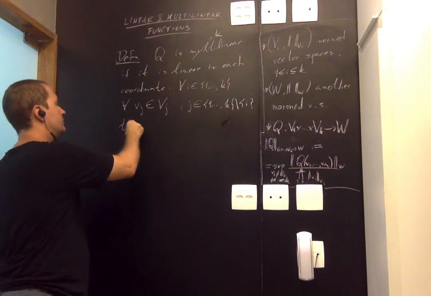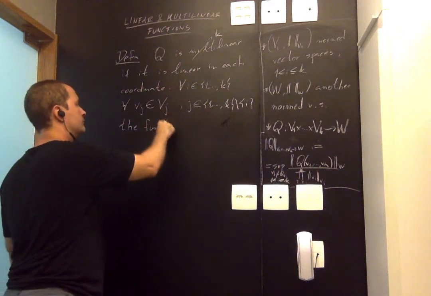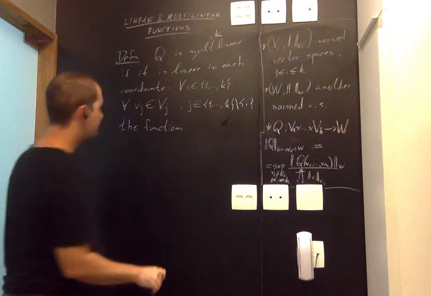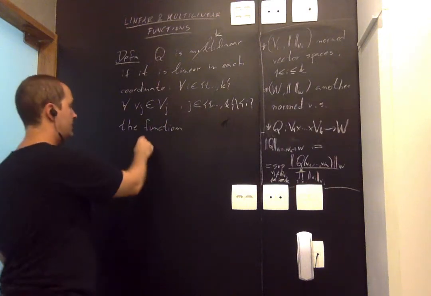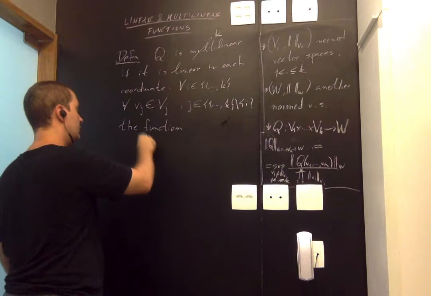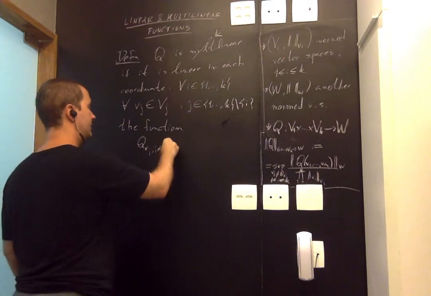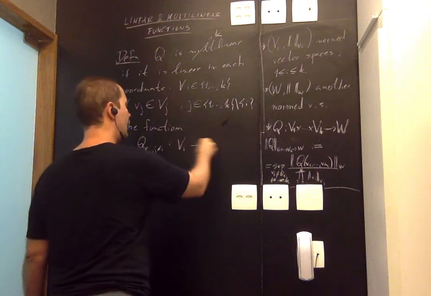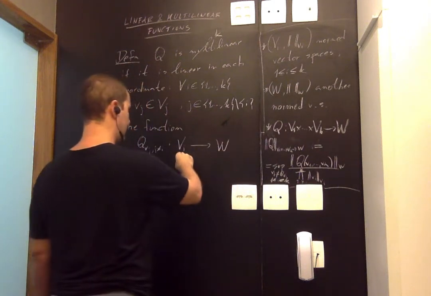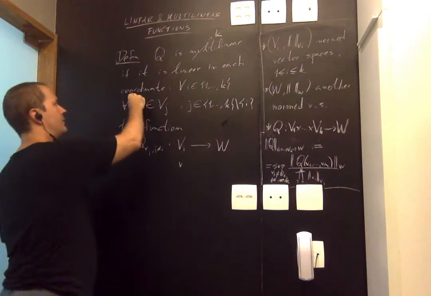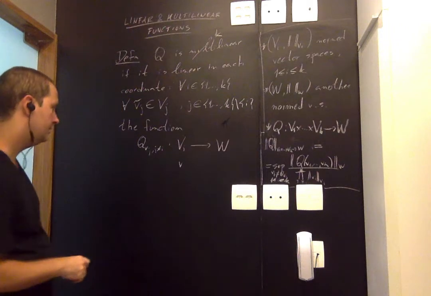The function that takes, I'm going to call Q of V_j for j different from i. There's a function from V_i to W that takes, okay, let me call these V tilde j, okay?